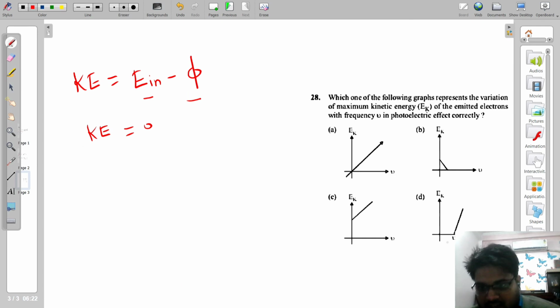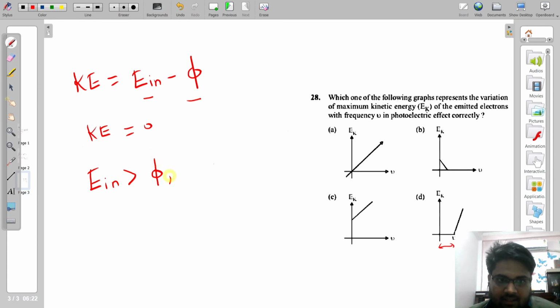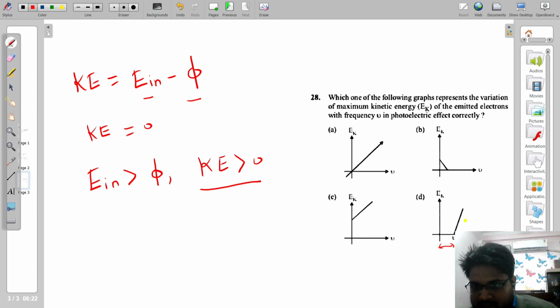So among these graphs, I think the fourth graph is representing that till threshold frequency the kinetic energy is 0, and beyond that if the energy incident is greater, then kinetic energy is also greater than 0, right? And that is also happening in this case. So option 4 is correct, because in this case the kinetic energy is increasing after the threshold frequency.